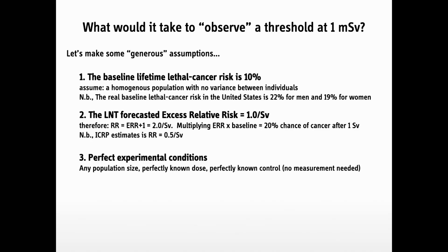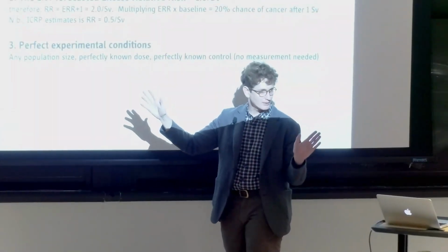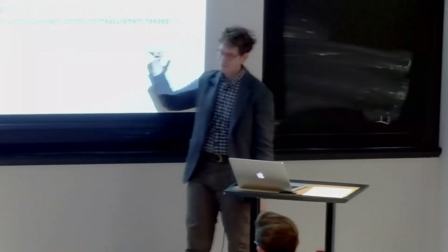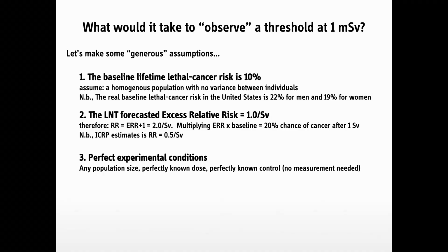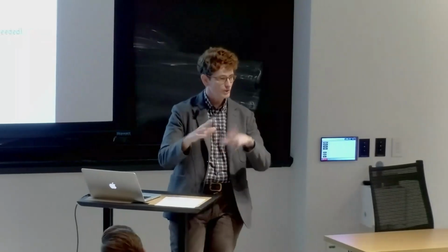And third, we're going to assume perfect experimental conditions. To say we can have any population. We'll know the dose that everyone gets perfectly. There's not going to be any uncertainty there. And we'll know all the control parameters exactly. We don't need a fancy control group. We don't have confounders from people smoking and other stuff noising up the data.